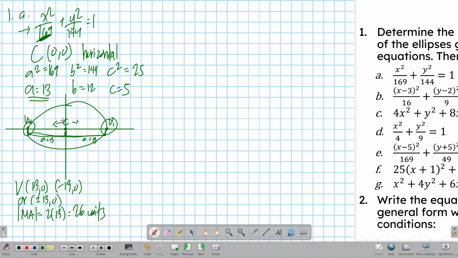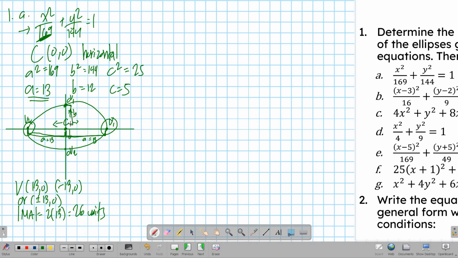If the ellipse is horizontal, then the minor axis should be perpendicular to it. So in this case, here will be our first co-vertex and our second co-vertex, since our minor axis is expected to be vertical, perpendicular to our horizontal major axis and our horizontal ellipse. So therefore, we go up and down. How many units?